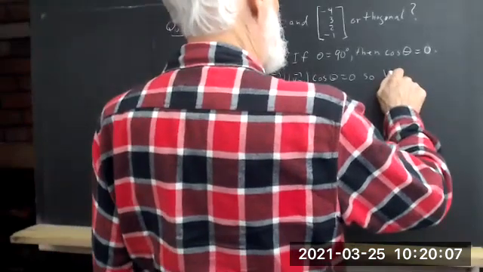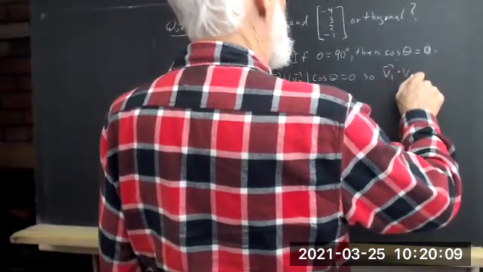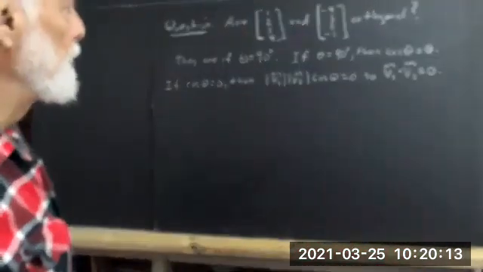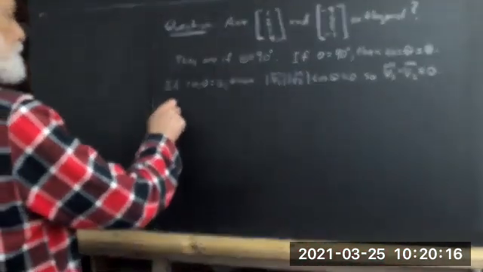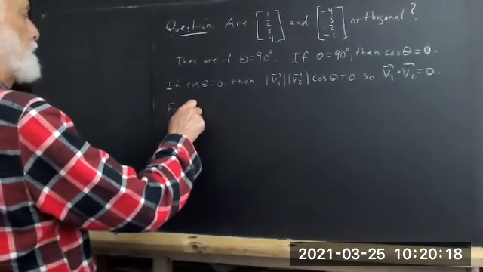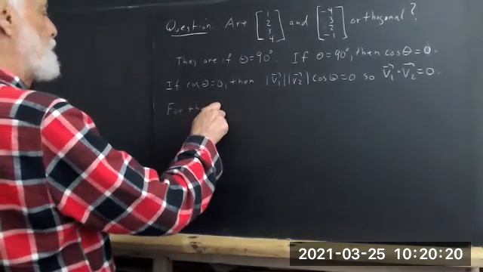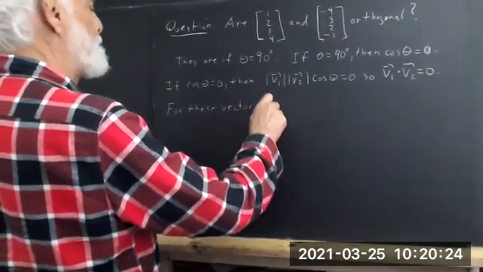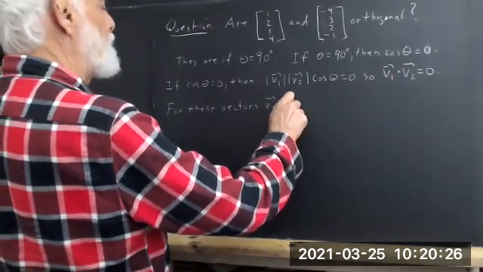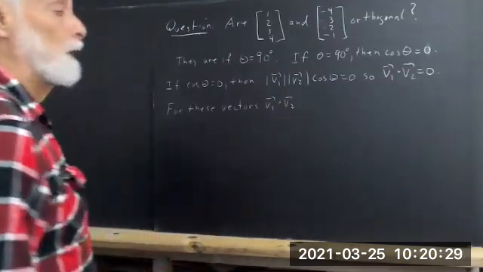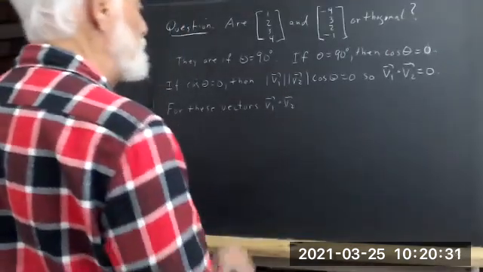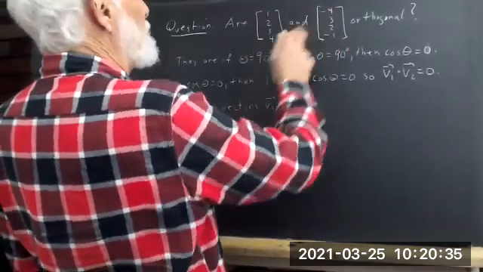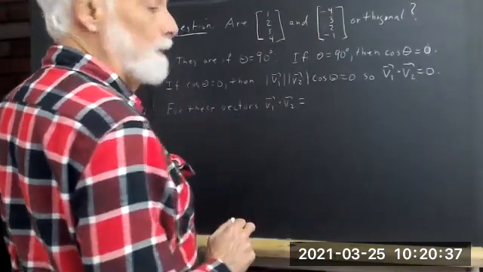So V1 dot V2 equals 0. These vectors, V1 dot V2 is, well, your negatives are going to be -4 and -4, which is -8.